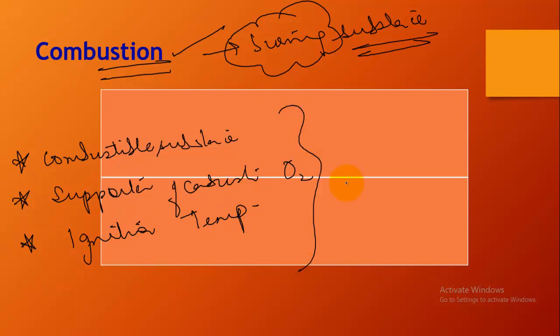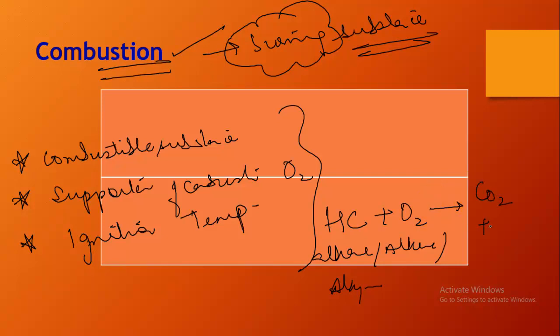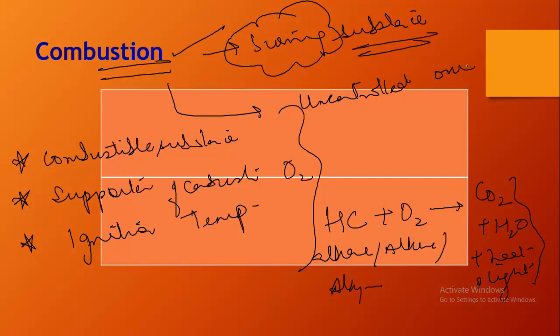Whenever we are burning any hydrocarbon, let's say it is an alkane, alkene, or alkyne, in the presence of oxygen, the products formed are always carbon dioxide, water vapor, heat and light. This type of combustion is called uncontrolled oxidation, which means burning a substance.